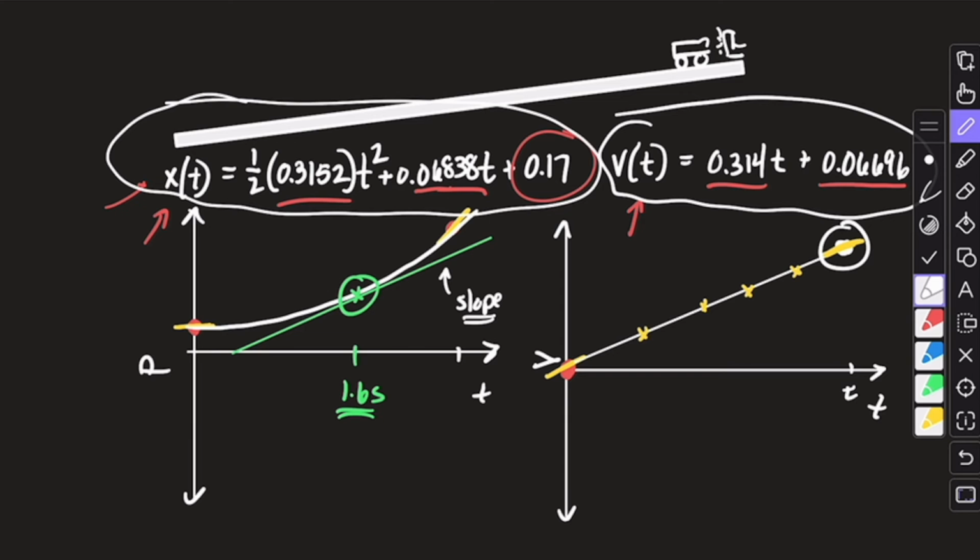Now, there's a relationship between these two functions. This is something that Newton saw. And Newton created a form of mathematics that could produce the velocity function from the position function and vice versa, without having to graph it. That's all calculus really does.